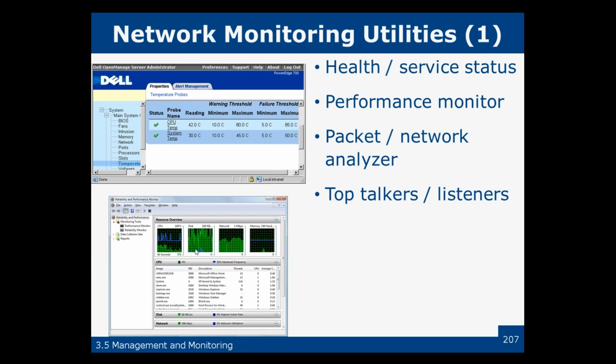Performance monitor is not the only kind of thing. There are other performance monitors, but Performance Monitor is a Windows built-in tool that we can use to look at what's going on with the system right now. We can also configure it to save the data so that we can put it together later for analysis.